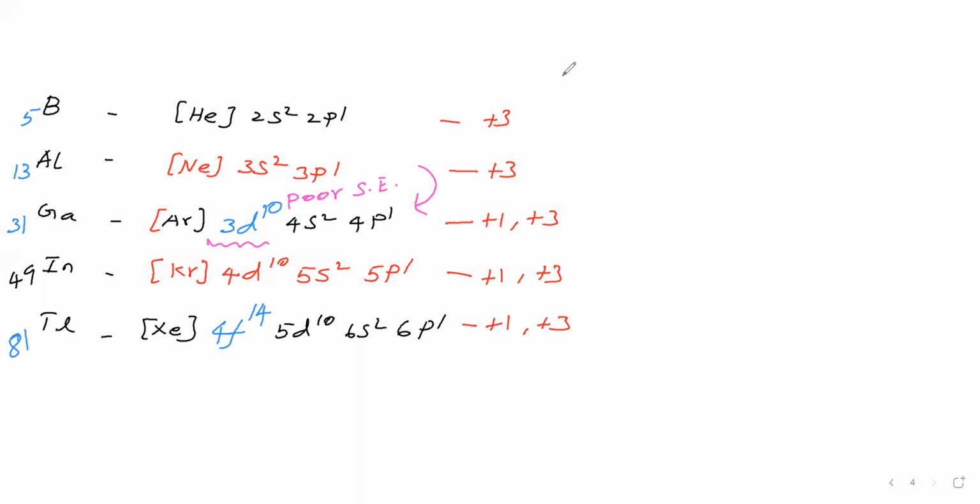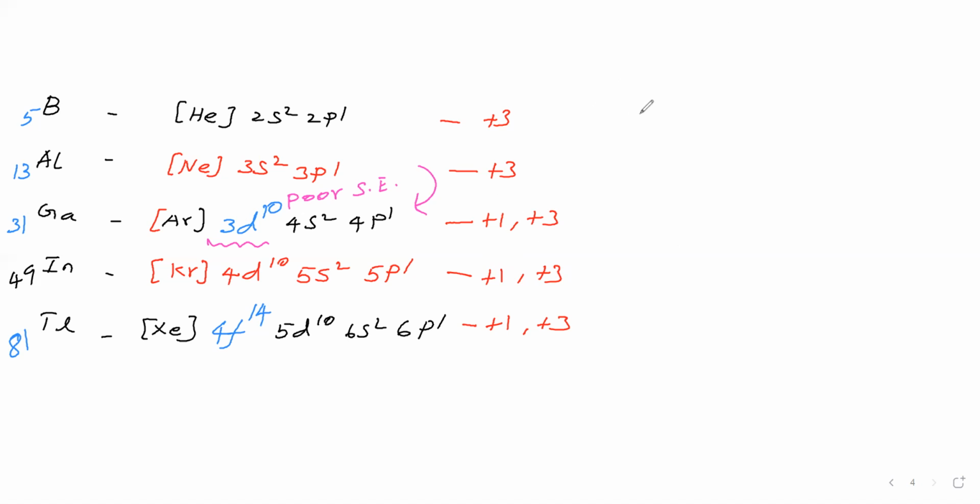Therefore, they are not showing negative oxidation states. Even metals show negative oxidation states in some cases, but that is rare. Now, the general oxidation states for boron family elements are +3 and +1.